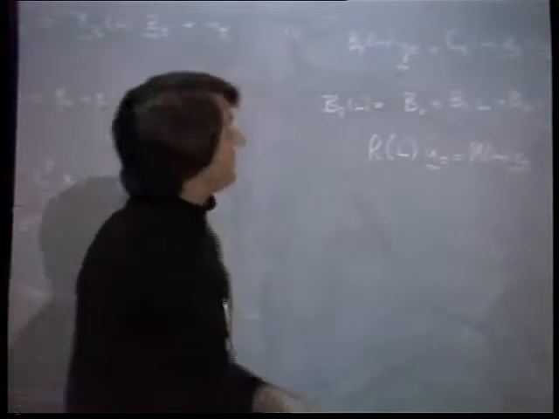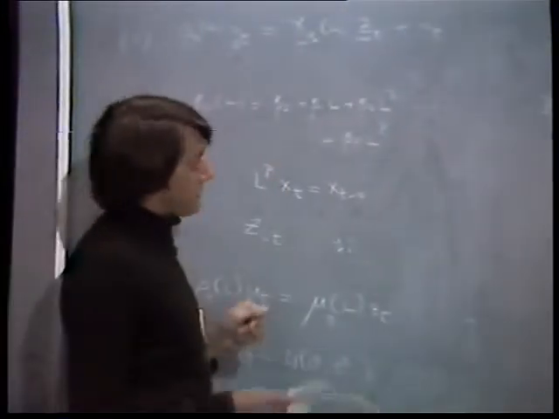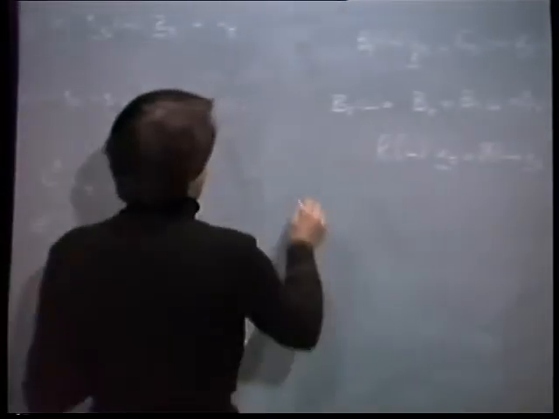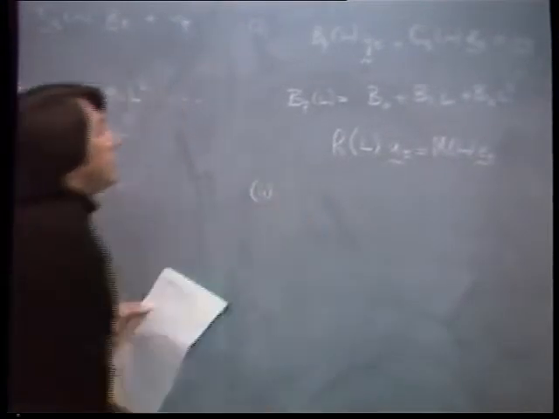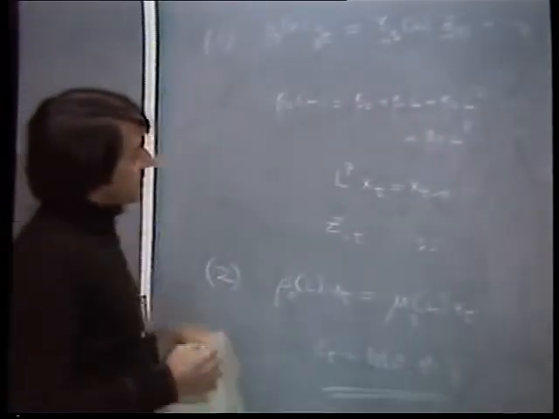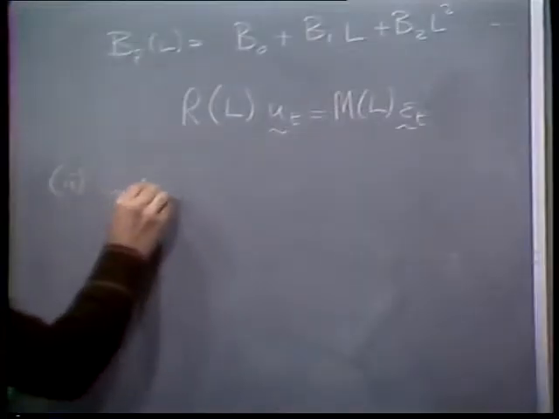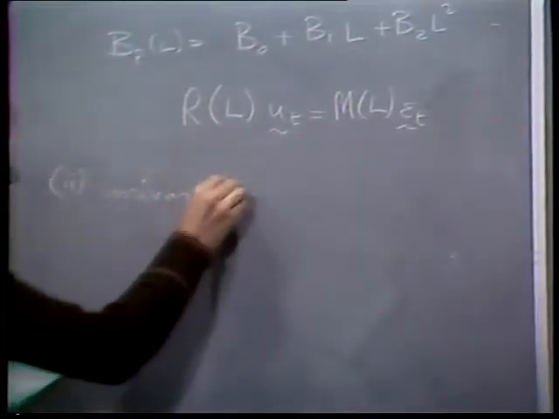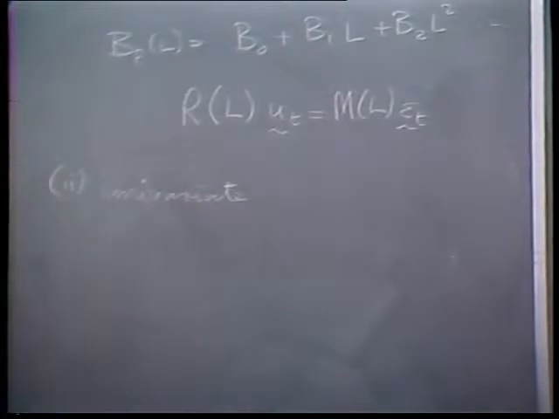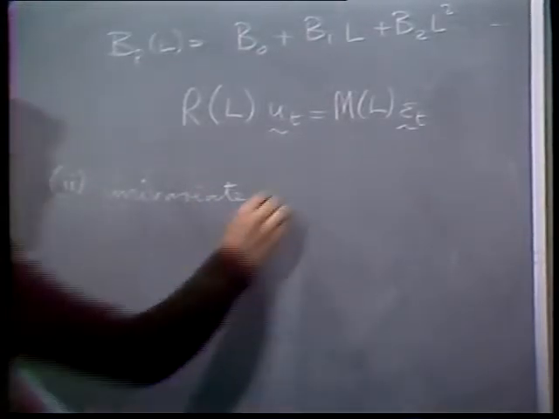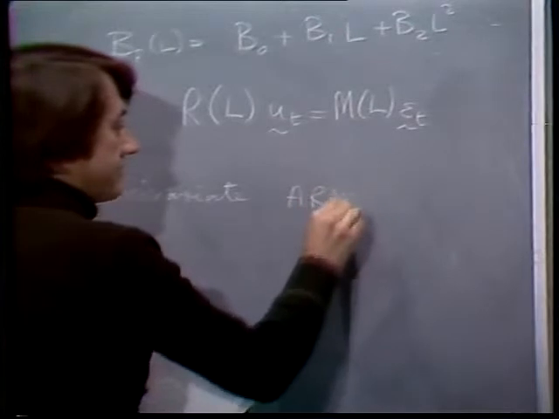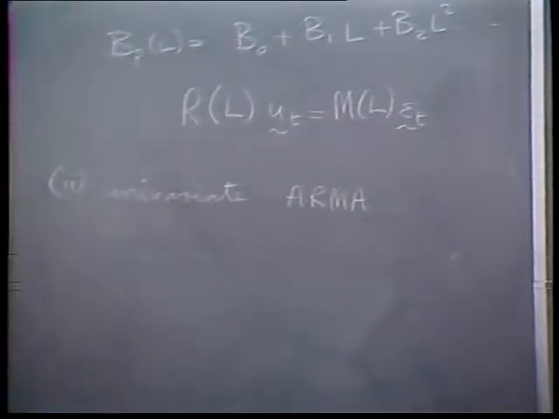So that's one reason for being interested in this structure. The second reason why we might be interested in this structure is that there has, in recent years, been an increasing interest in univariate ARMA models.